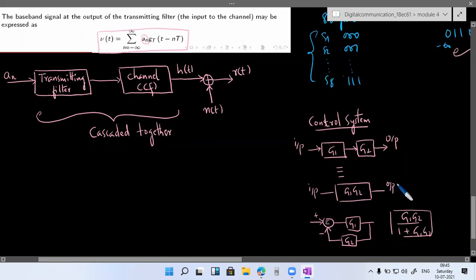So let's apply the same concept over here, where we all know this transmitting filter. So let me not write this in frequency domain. Let me change this to time domain itself.